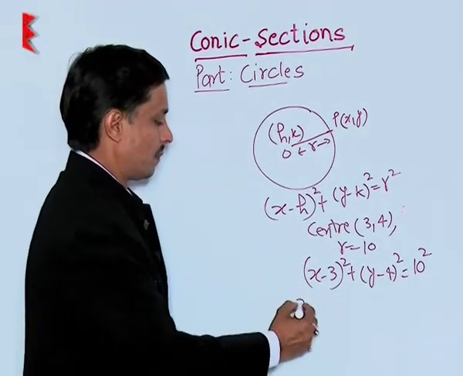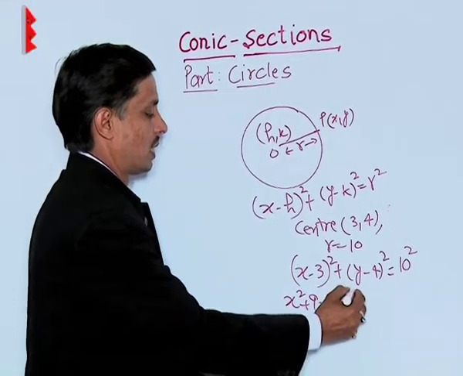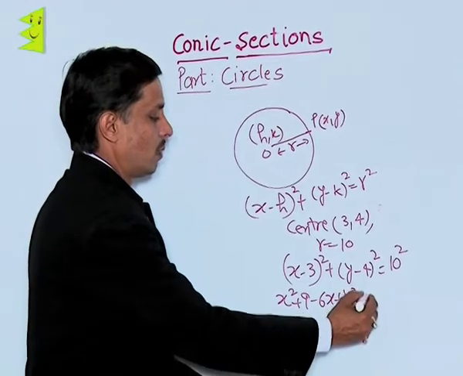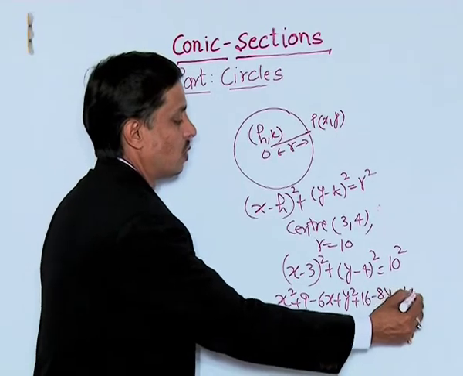So this becomes x square plus 9 minus 6x plus y square plus 16 minus 8y is equal to 100.